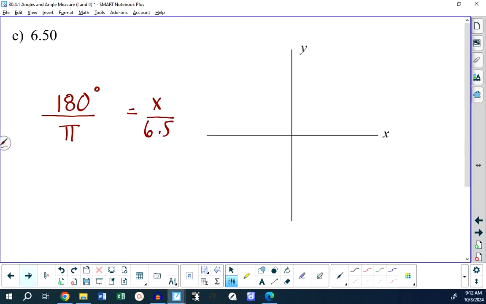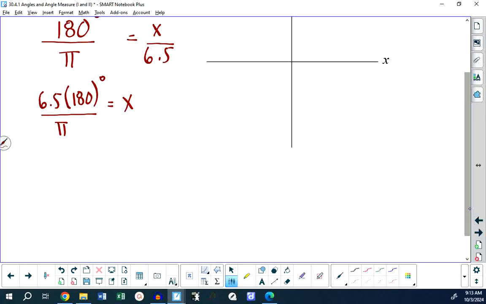So I cross multiply, I get x equals 6.5 times 180. There are degrees on this 180, by the way, over pi. Is it 1170 on the top? It is. So you get 1170 over pi. This is degrees.